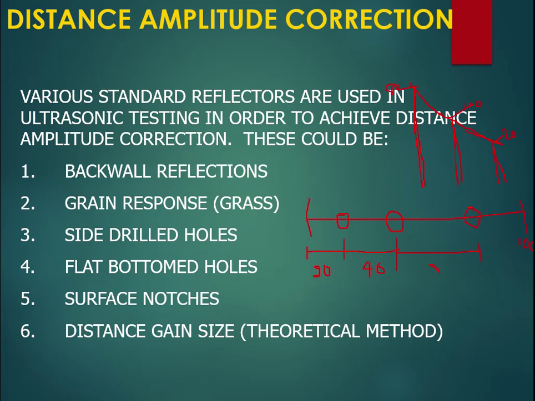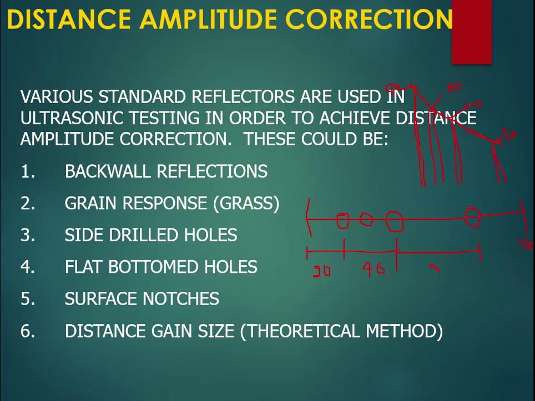And if it is at 60 mm, it gives an amplitude of 40 percent. Similarly, if it is in the middle of the distance, for example if the 3 mm discontinuity lies at 40 mm distance, it gives the amplitude of the point where the curve meets, for example 60 percent.